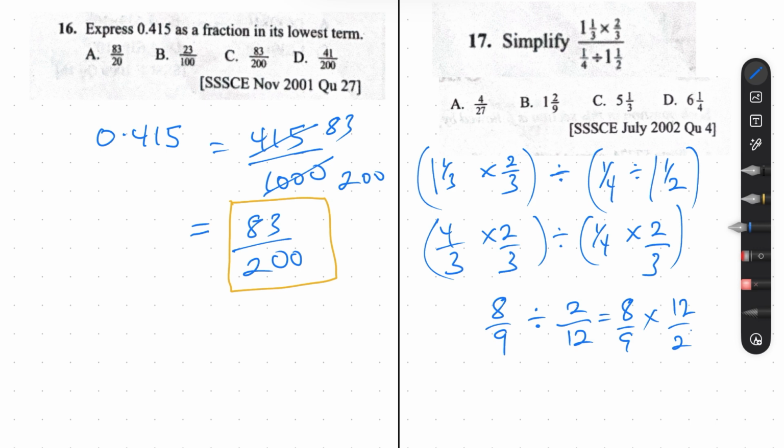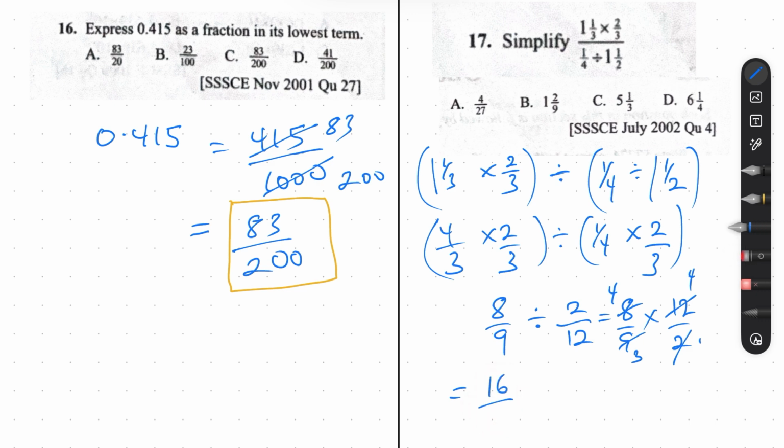So 2 goes here once and goes here 4. 3 cancels out here, 3, and goes here 4. So our answer is 4 times 4 over 3, right? So that will be 16 over 3. Cool. Let's write it down.